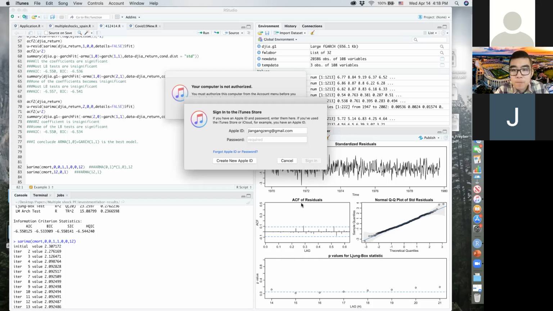All right, so the answer is going to be 0.5. The reason is that W_{t-13} is not a free coefficient. It is equal to W_{t-1} times W_{t-12}. You can go back to your notes and see this.